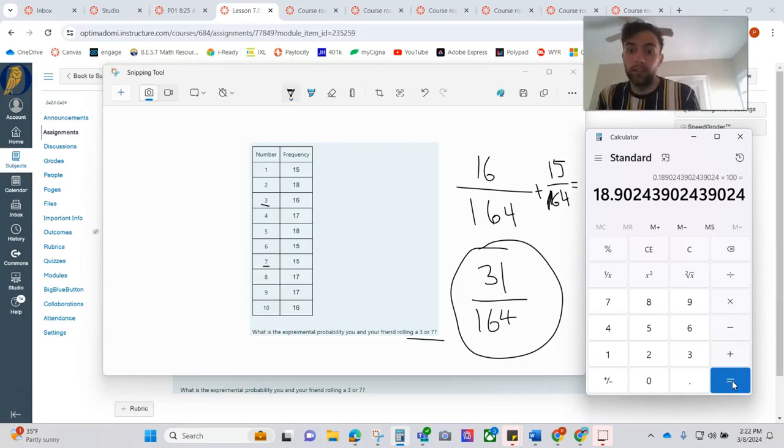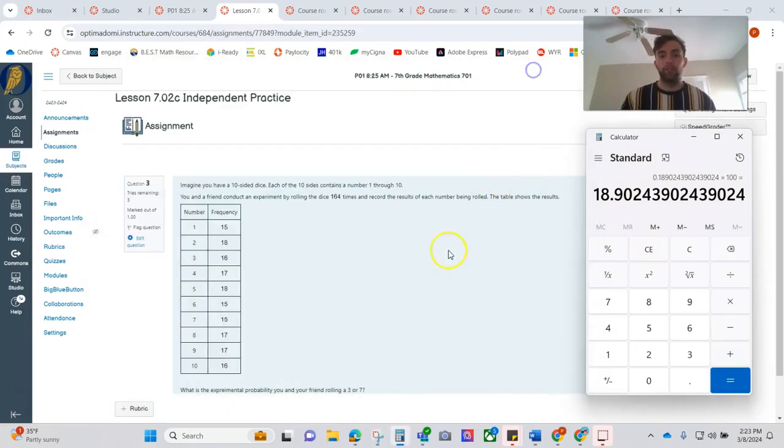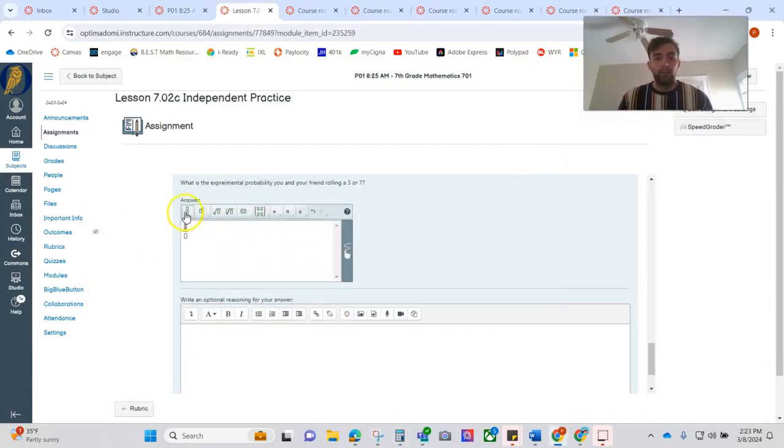Theoretical probability says that you should get a 3 and a 7 20% of the time, but we actually only got a 3 or 7 18.9% of the time. But let's type in this fraction as our answer, 31 on top of 164.